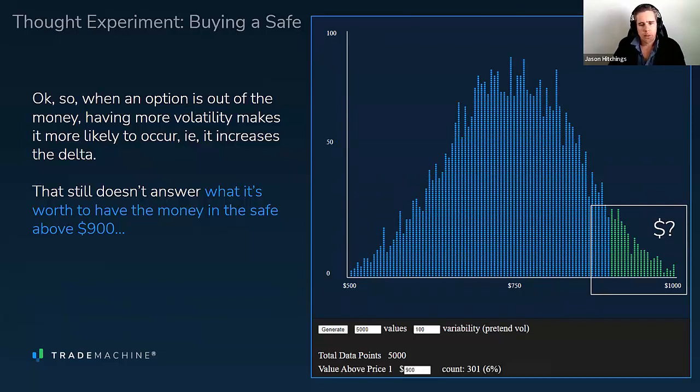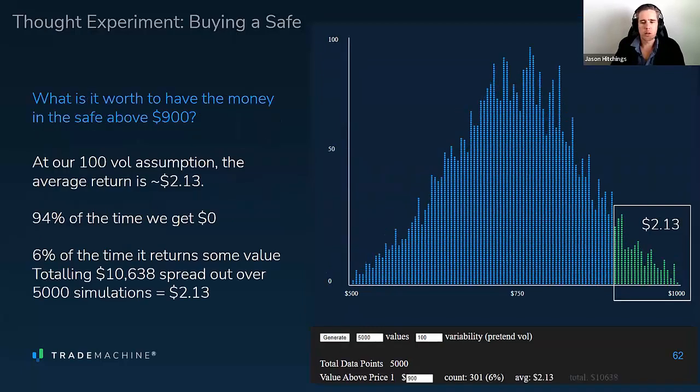So, okay, we know that if you have 100 vol, you have a 6% chance of ending up with some value, but that doesn't tell us what the actual value is. But if we roll those 100-sided dice and we track all 300-ish rolls that were over 900, and we sum all of those up, we don't have to do it ourselves. We'll make the computer do it. It gives us a number. It says that all of those values put together were worth around $10,600.